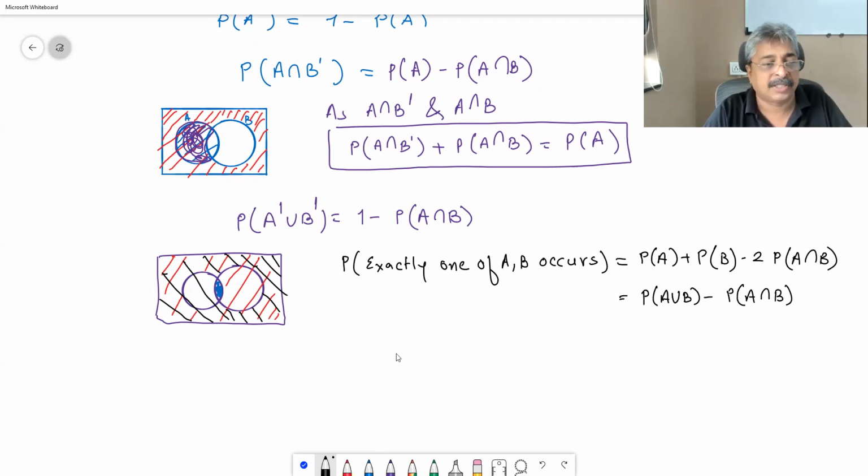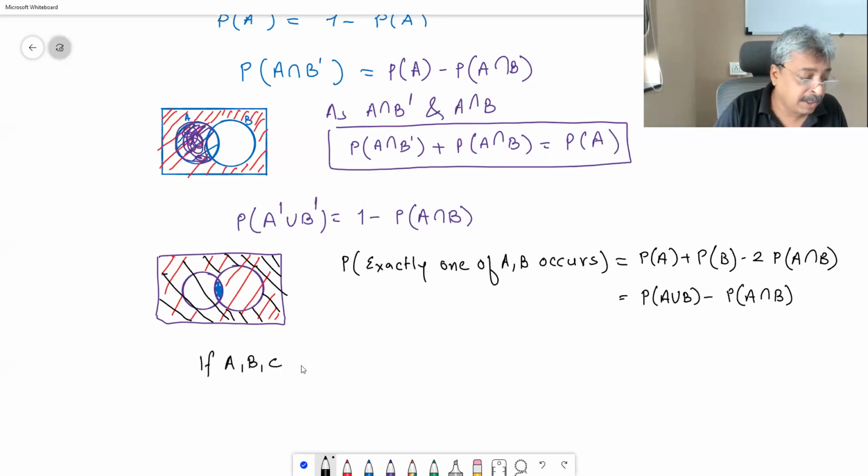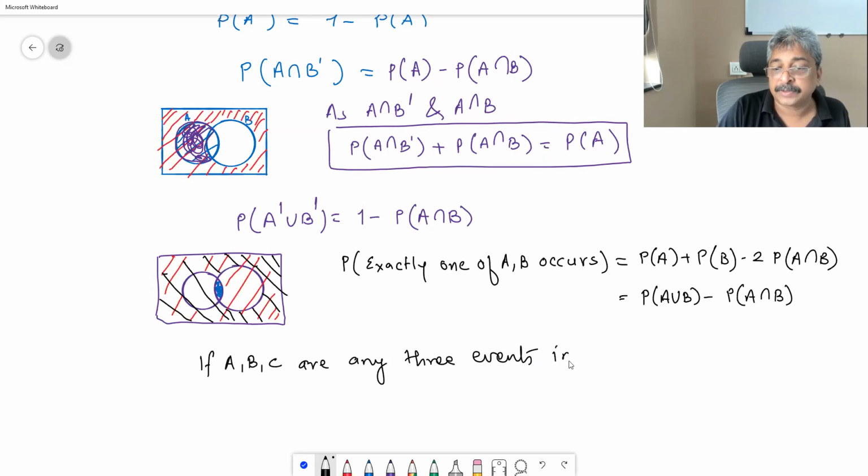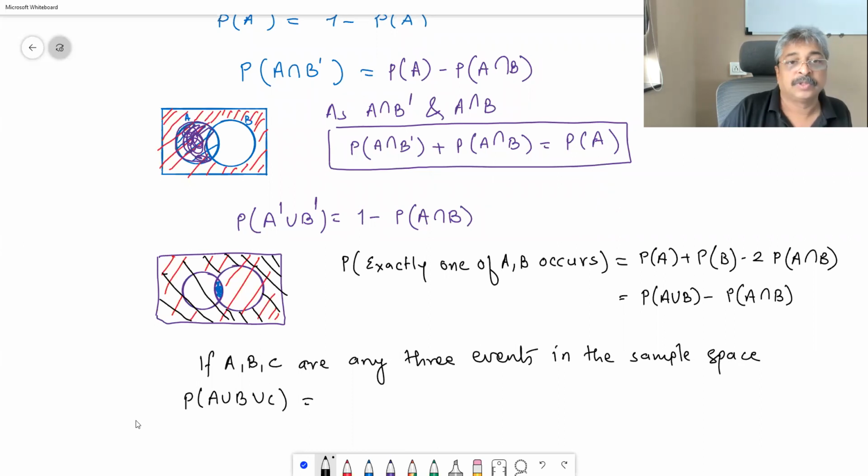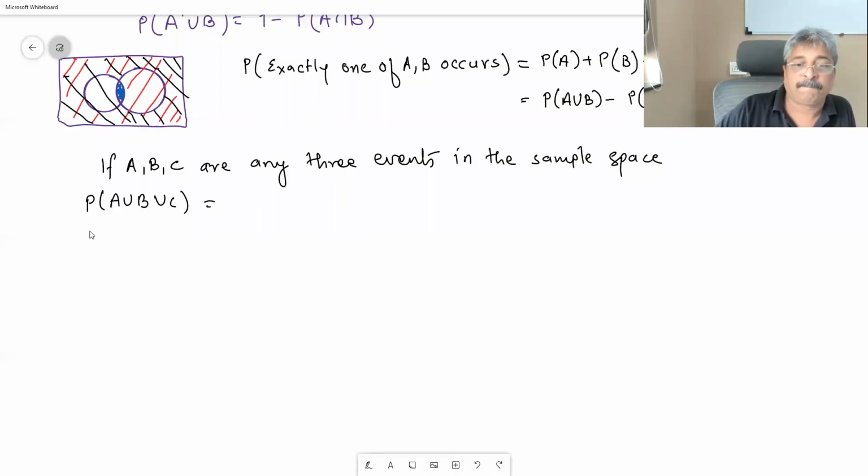Next, 3 elements, A, B, C. If A, B, C are any 3 events in the sample space, then the addition theorem, P of A union B union C, is going to be equal to, write down, this is a kind of inclusion-exclusion principle.